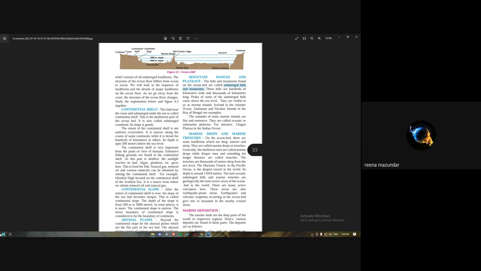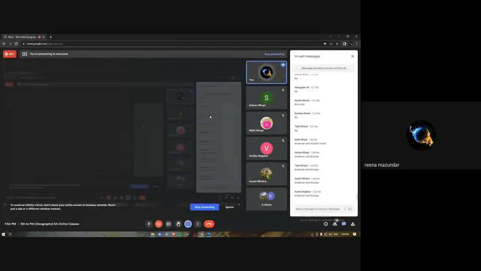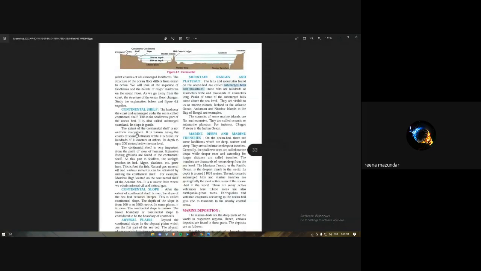Andaman Nicobar. There is one more: Iceland in the Atlantic Ocean. Look here. Iceland in the Atlantic Ocean and Andaman Nicobar in the Bay of Bengal. Two of them are given.